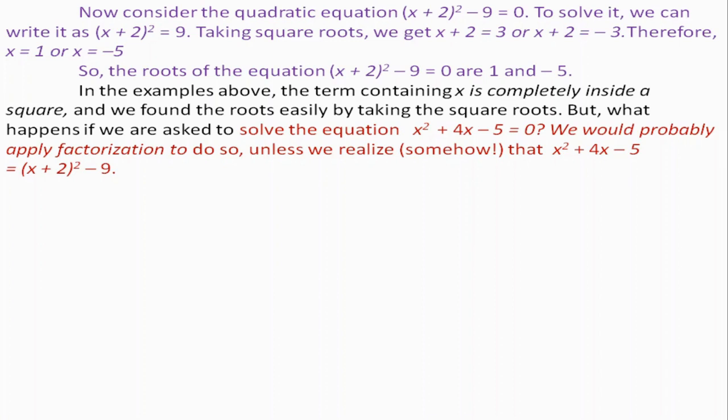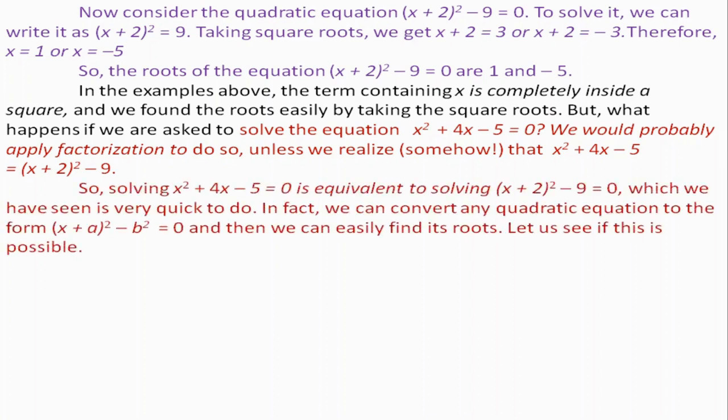See how it will happen. We are using this form: x square plus 4x minus 5 is equivalent to x plus 2 whole square minus 9. Now we are changing our approach from factorization to completing the square.